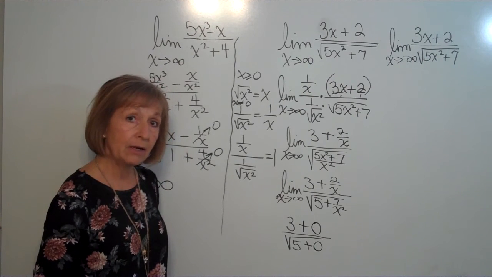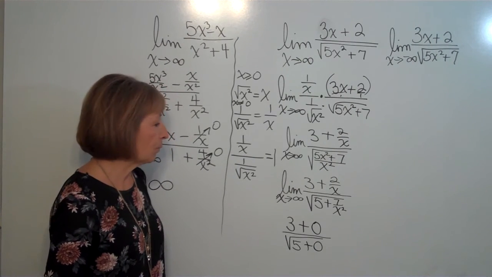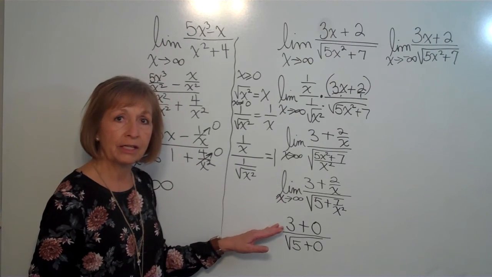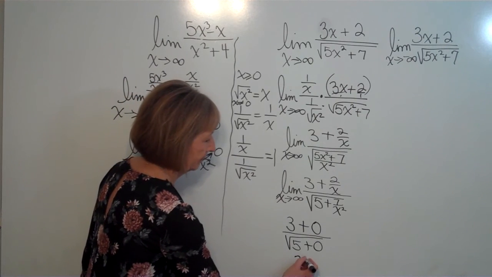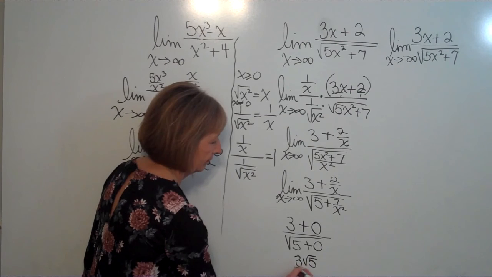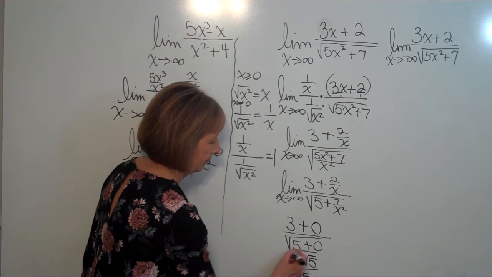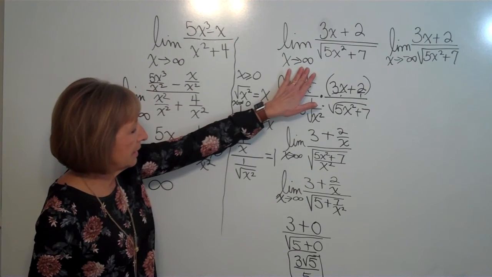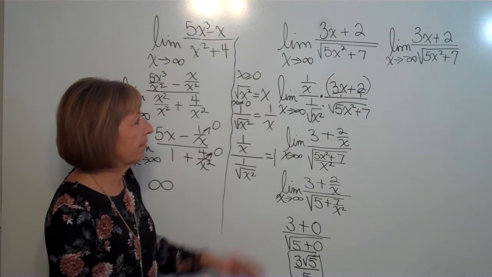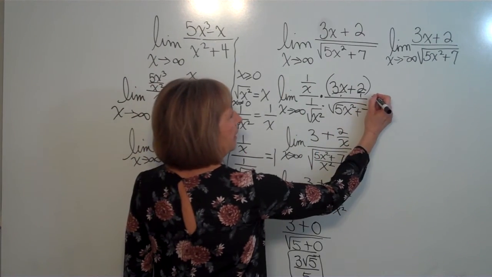So I get 3 over the square root of 5, and when you rationalize that, you'll get 3 times the square root of 5 over 5. So this limit is 3 times the square root of 5 over 5, and I'll write it right in here.